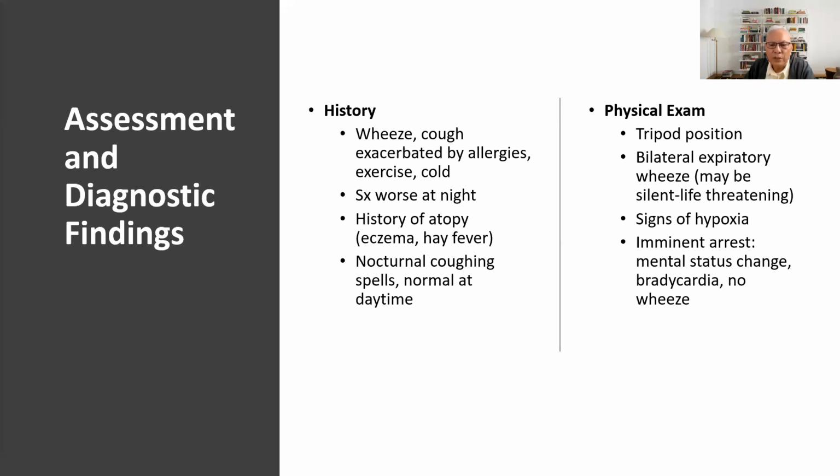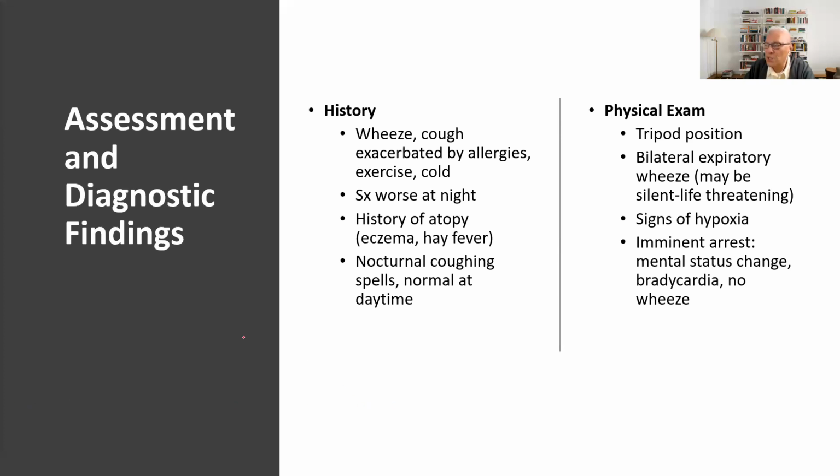Now, children in particular may have imminent arrest as a result of severe asthma. And the signs and symptoms of imminent arrest may be that the child becomes drowsy and unresponsive. They might develop cyanosis, and they can develop, of course, bradycardia, which is the opposite of the expected response, and of course, respiratory muscle fatigue.